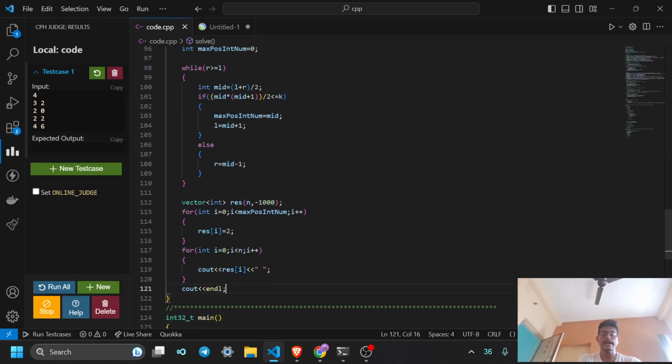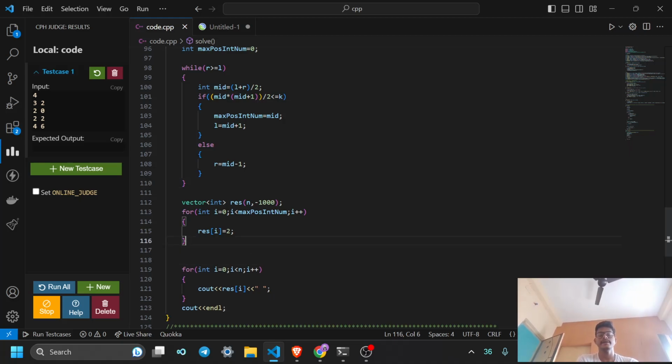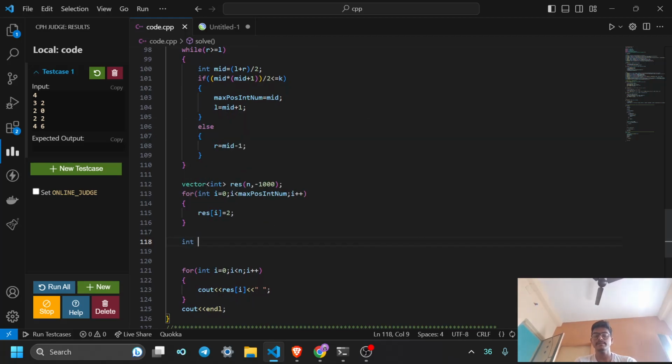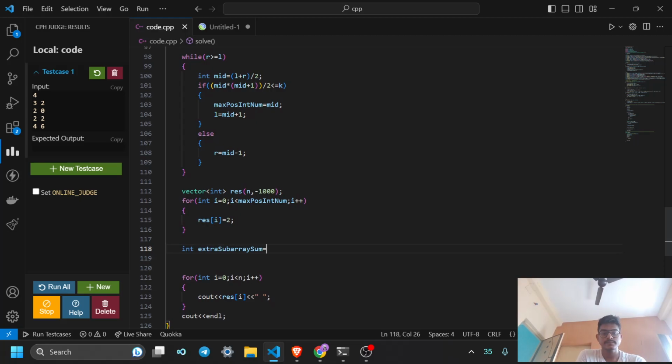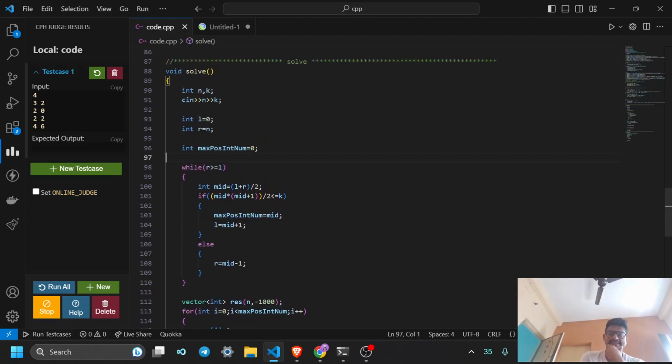So here I am creating another variable which will store the extra subarray sum that I need: int extra subarray sum. So what will that be? I already have taken this thing multiplied by, let's take some small integer that will be contributing, so I'm changing it to x.